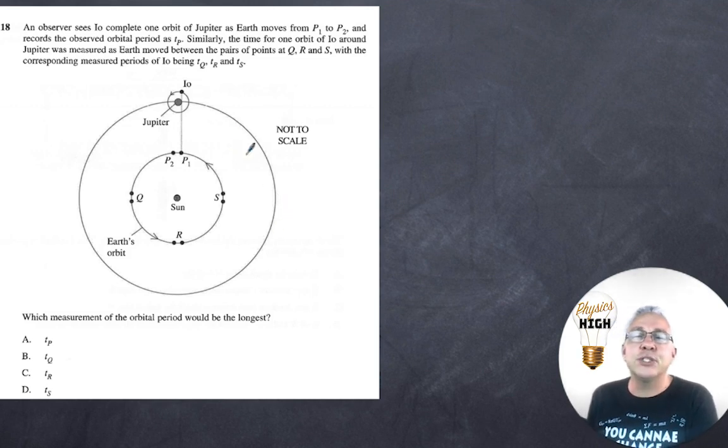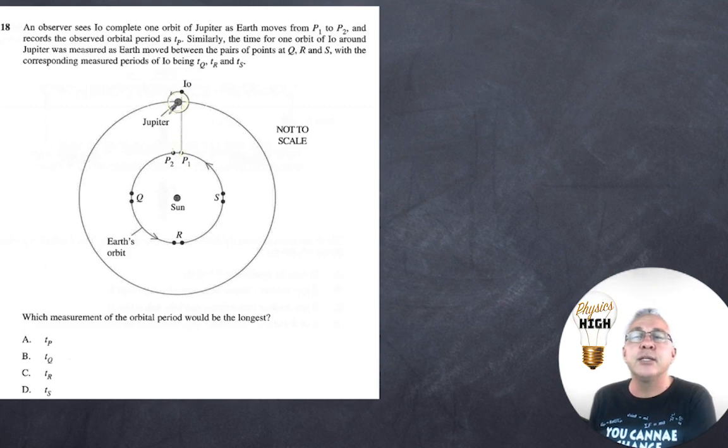Now, what this question is saying is the period can be determined by measuring the travelling of Io as it moves around from, let's say, a point here to back over here. And of course, this can be seen by looking at the eclipse from the time that the Earth moves from P1 to P2. In other words, at P1, it starts its position.